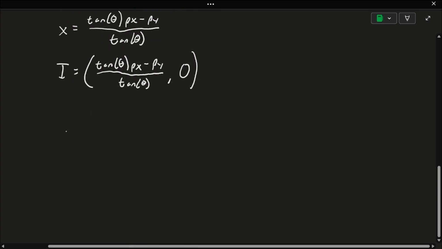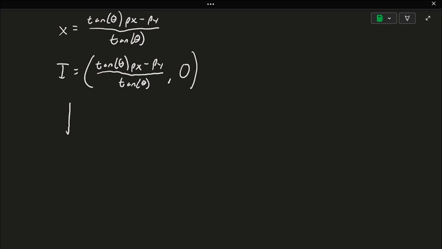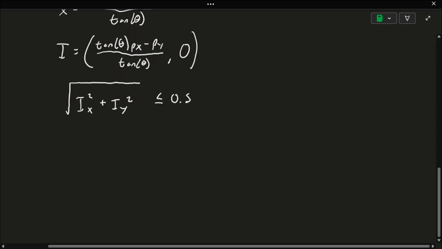So the distance from our first center to I is going to be equal to the square root of ix squared plus iy squared. That's our distance, and we know that that has to be less than or equal to 0.5. And that's just using the distance formula.